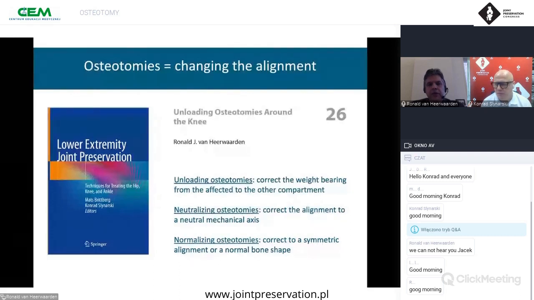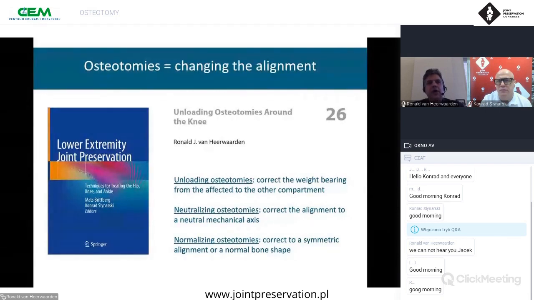So osteotomy is about changing the alignment. You can do an unloading osteotomy to correct the weight-bearing line from the affected side to the other compartment. Well, that's most of the time in the frontal plane, varus valgus. You can do a neutralizing osteotomy to correct the alignment to a neutral mechanical axis. That can be the aim of correction.